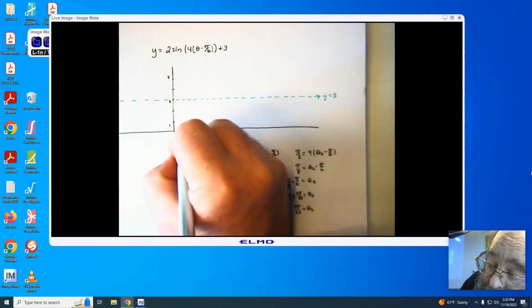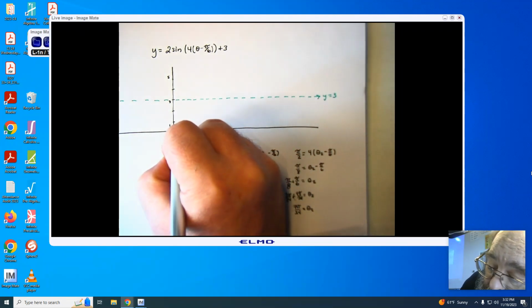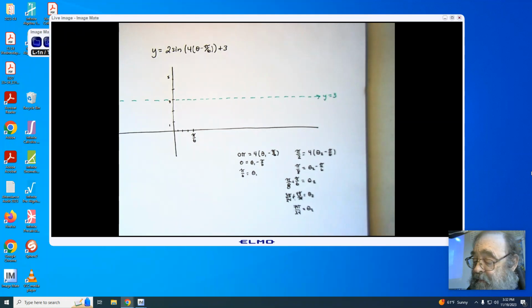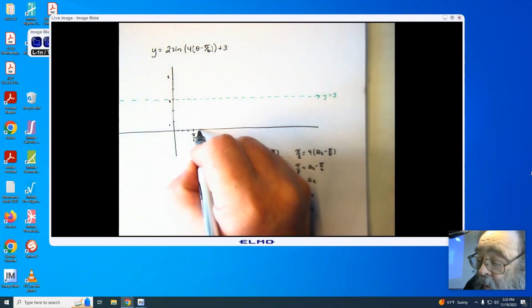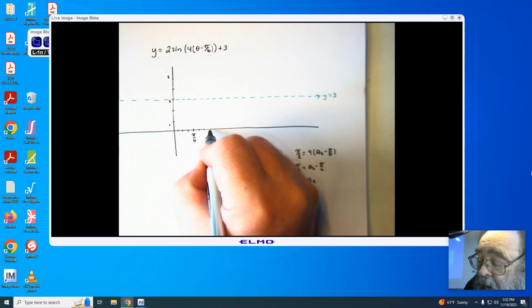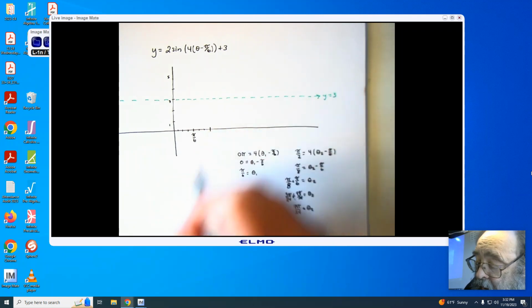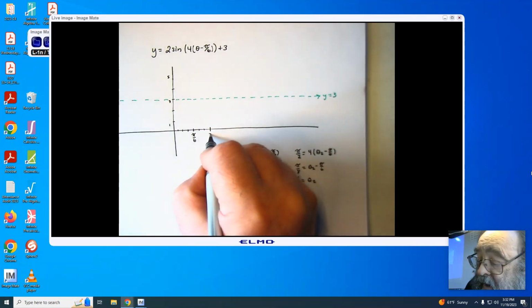So if I locate 4 little tick marks, each of those is 1/24. I just went 3/24 over, so I'm going to go 1, 2, and 3. This is now 7 pi over 24.